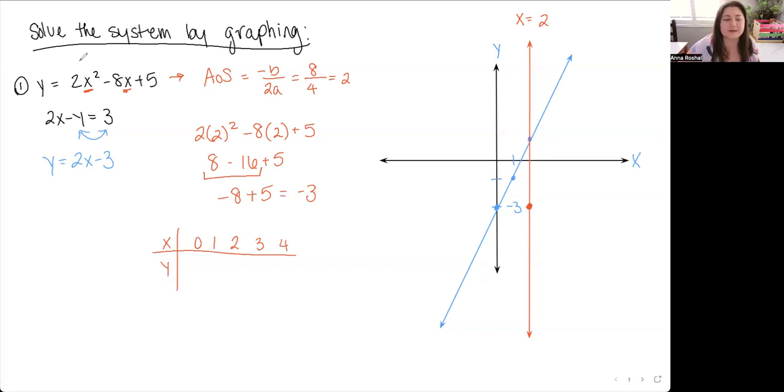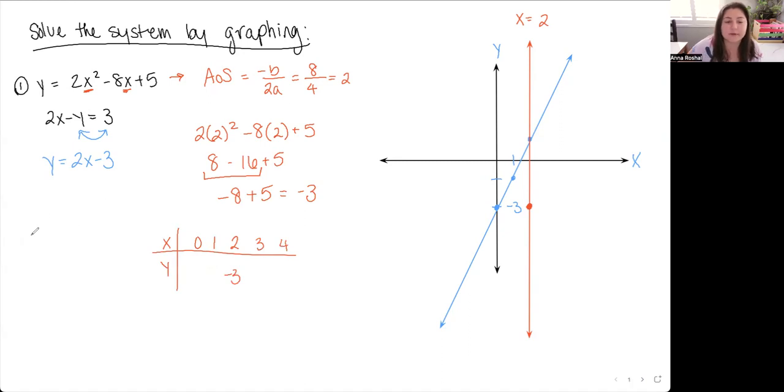I can also turn this into vertex form and then see that my a is like 1 or 2, and then based on that determine where I'm going to go with my graph, whether I'm going to move up 2, up 3, up 10, up whatever, and over 1. Or you can do this table and say, okay, well, 2 is going to be -3 because I know that from here. But then what is 1 going to be?